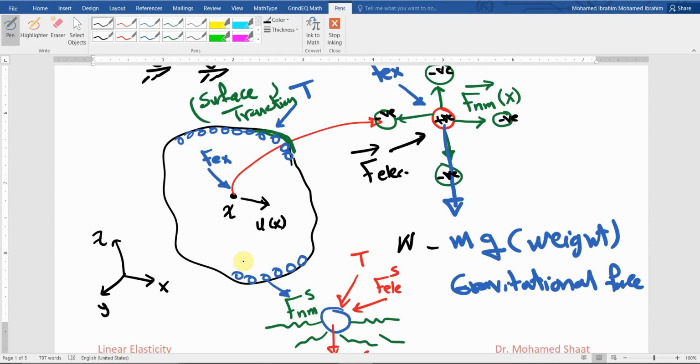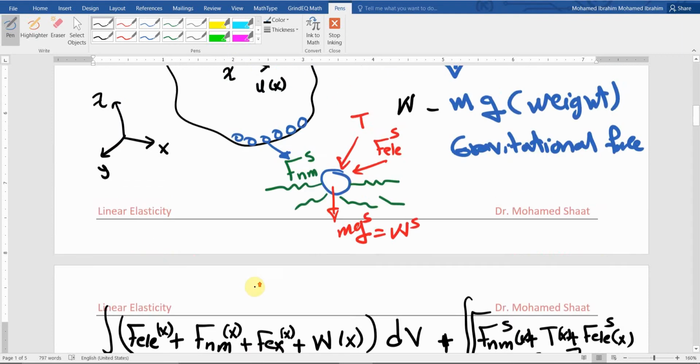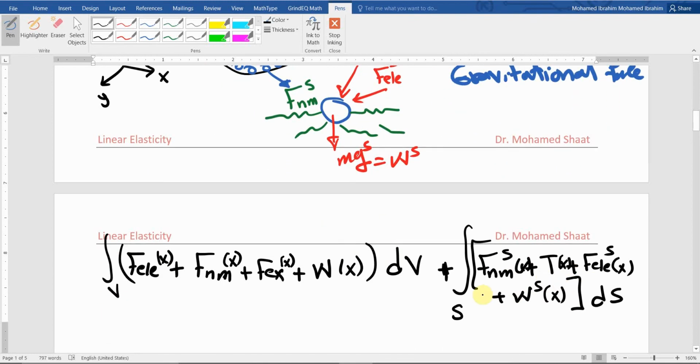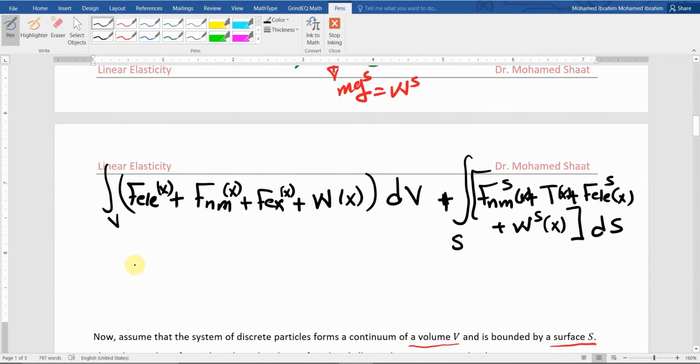So that's why we end up with two different integrations. One is the integration over the volume, to collect all the forces acting on a particle inside the continuum, in addition to the surface integral that collects all the forces acting on a particle located over the surface of the continuum. Make sense? We summed all of these forces together.